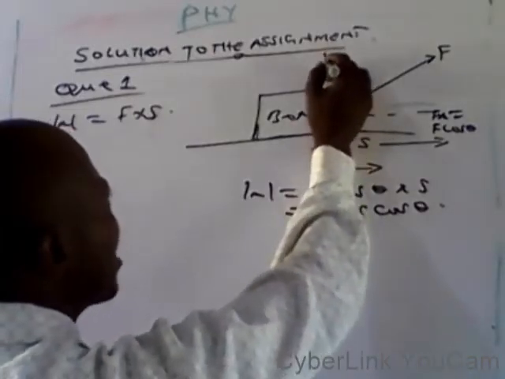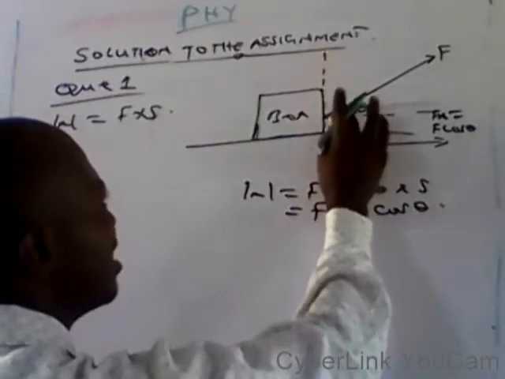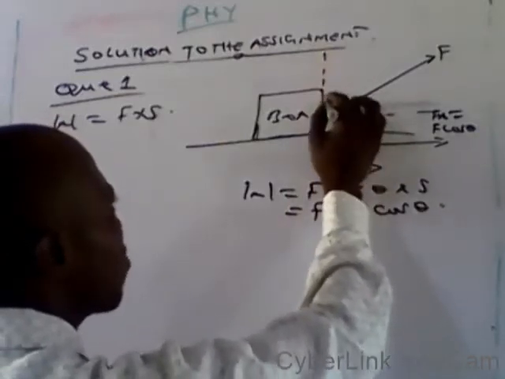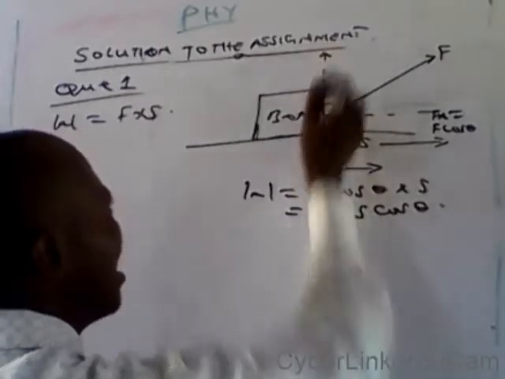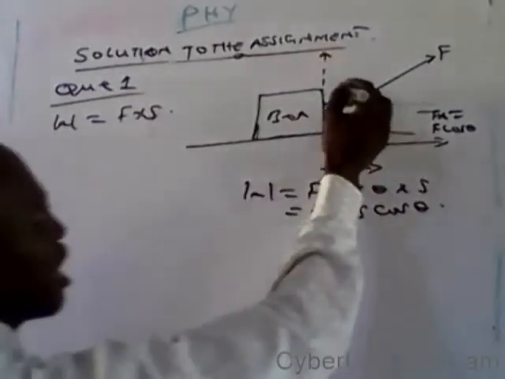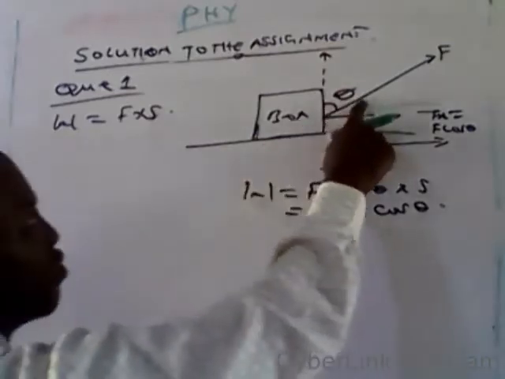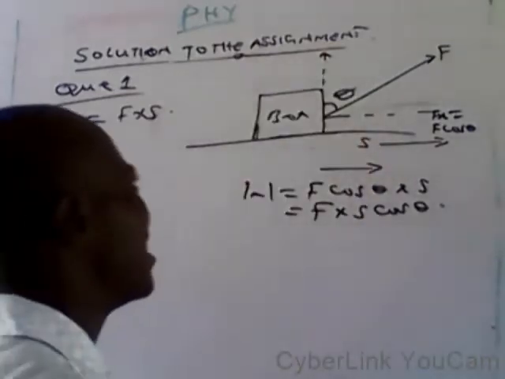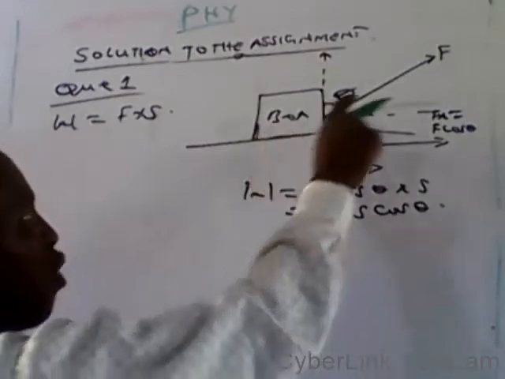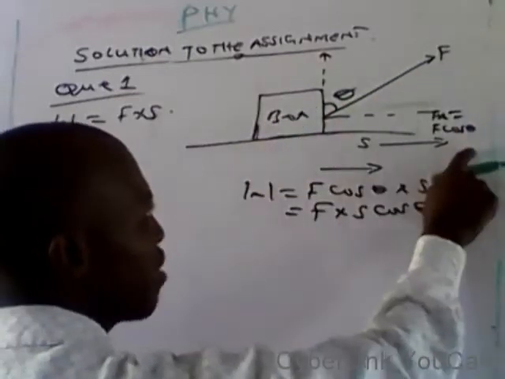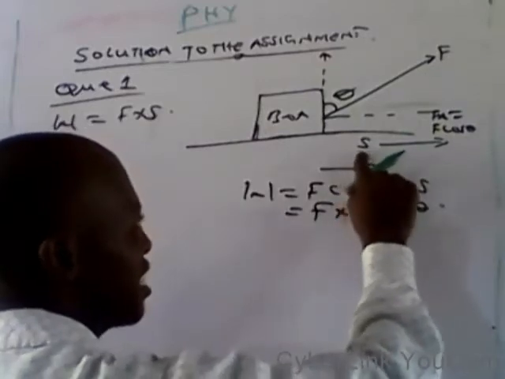This is the vertical component. Then in this case, the angle of inclination of F is to the vertical like this. It's not horizontal. So let's say we are having theta there instead of this place. And we expect the work done by this force on this box to cause this box to move from here to here through this certain distance s.